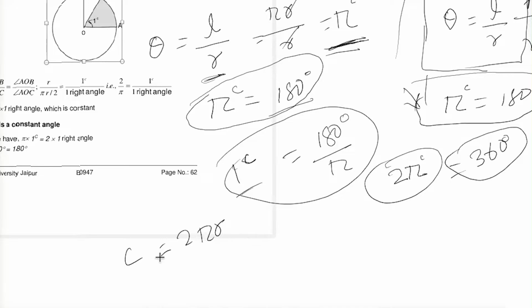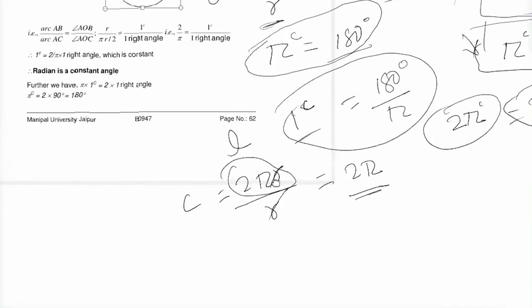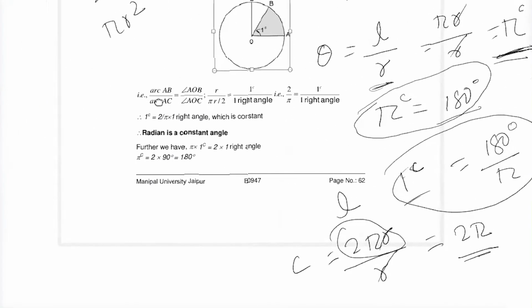This is the arc length, actually, the circumference is the arc length for a full circle. If you divide by the radius, the radius cancels out and we get 2 pi. So again from this formula we get 2 pi. These two things you have to always keep in mind.